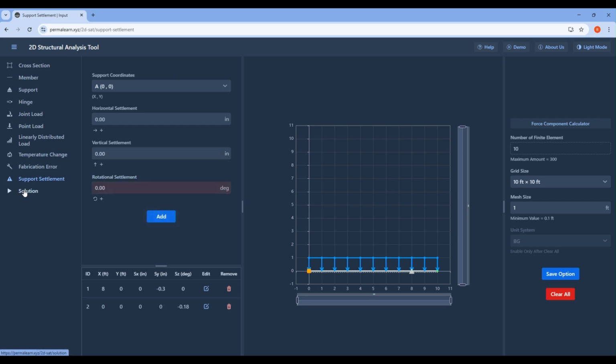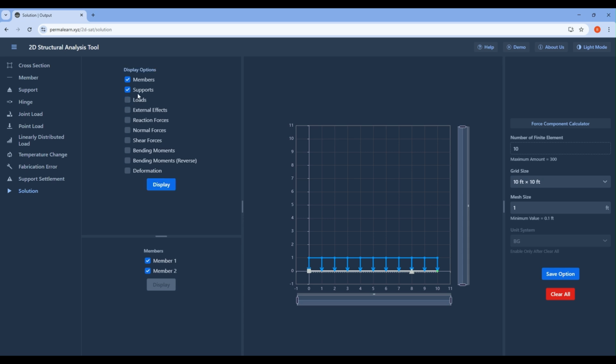And now let's jump to the solution. They ask us to find the reaction. So AY here is equal to 18.46, MA here is equal to 27.6, and BY here is equal to 21.53.